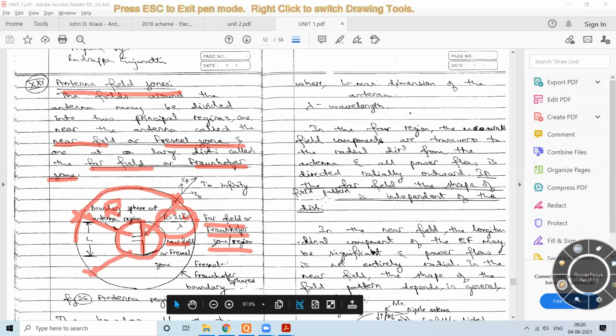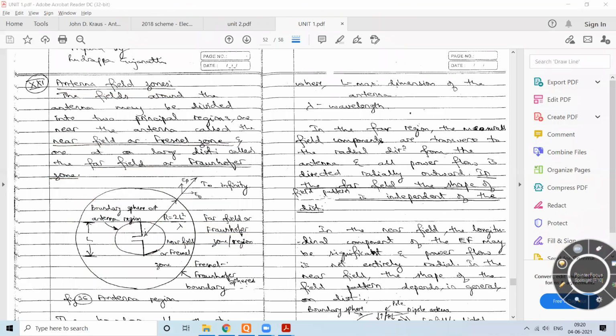Our main interest is generally in observing the radiation at a distant point satisfying this condition, in the far field region. This is what we discussed in the previous session.